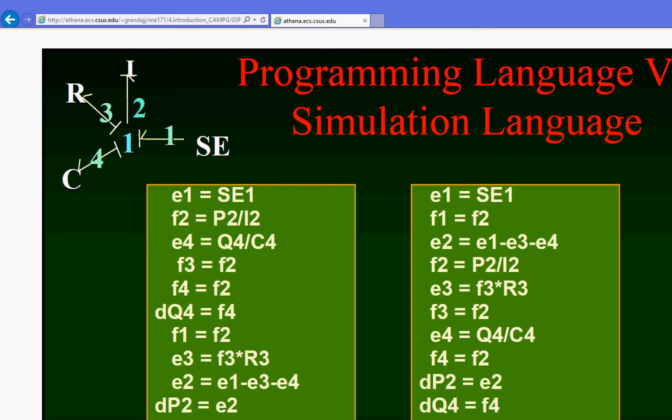What you will get? You will get CAMG-mod, which is a file that controls the simulation, defines the parameters, the input vectors, the initial conditions, all those things.